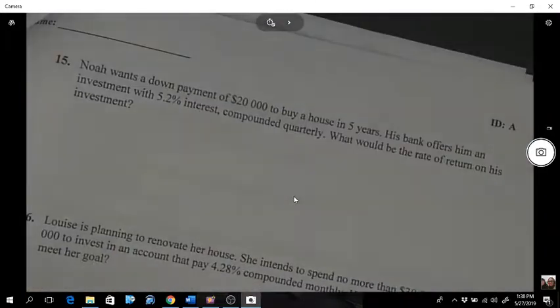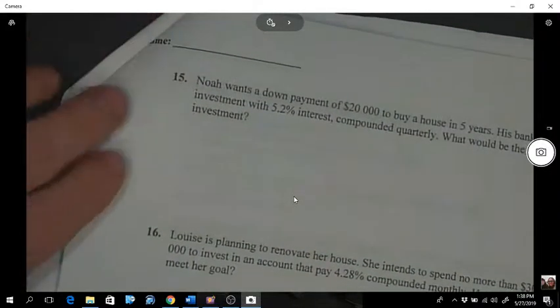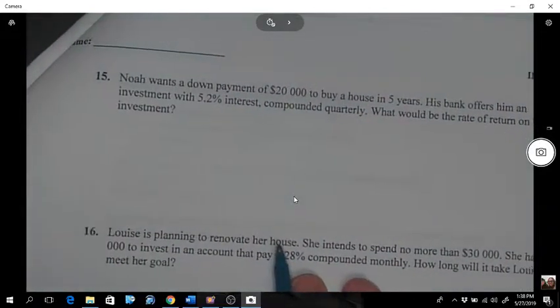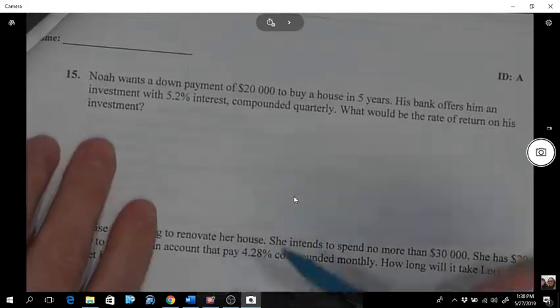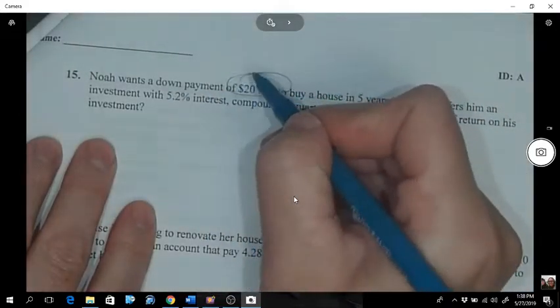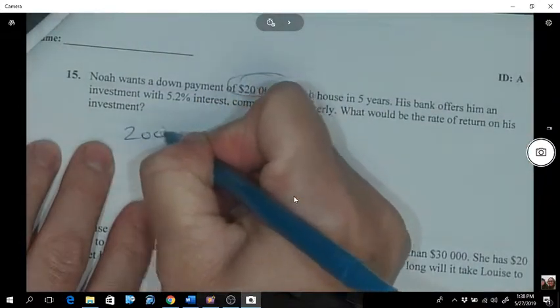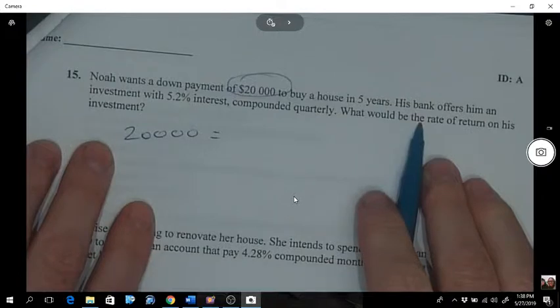Okay, number 15. Okay, similar to number 13, he wants a down payment of that in 5 years. So that's our future value. We do not know the principal.